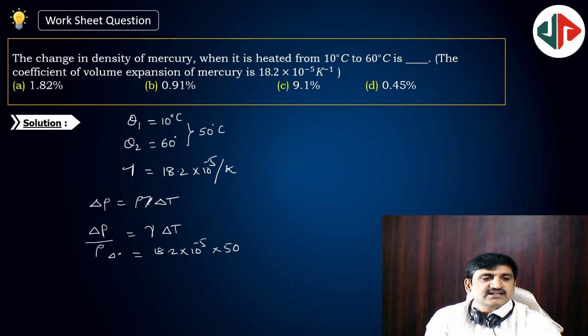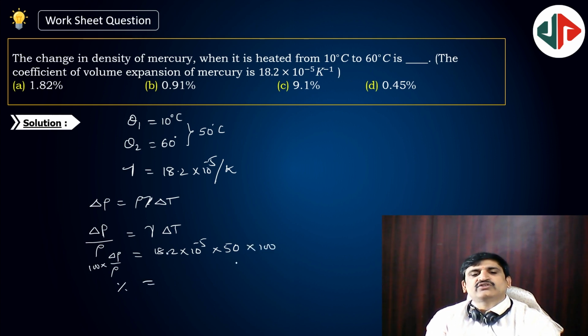Delta rho by rho into 100 will give you the percentage change, so just multiply by 100. So this is 18.2 into 5. Roughly we are going to have 0.91, closely 1, so option B, 0.91%.